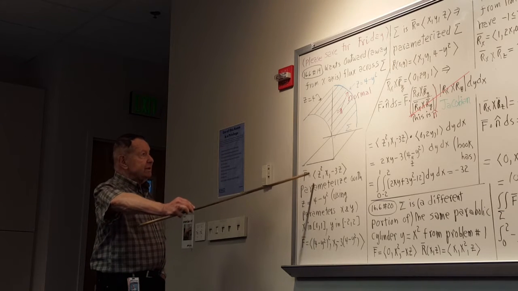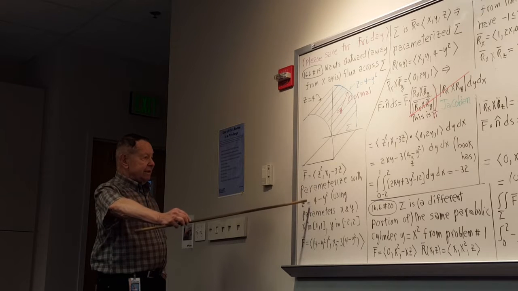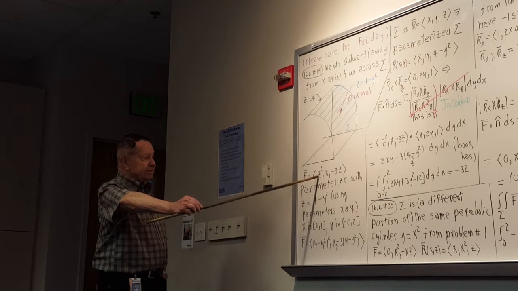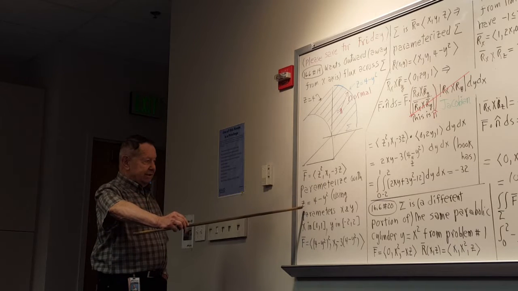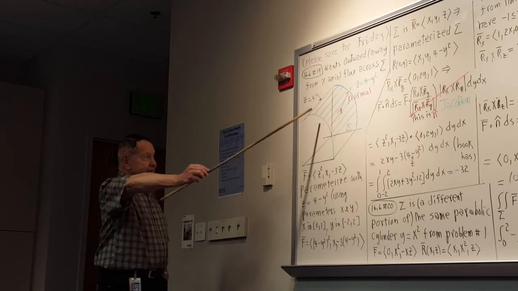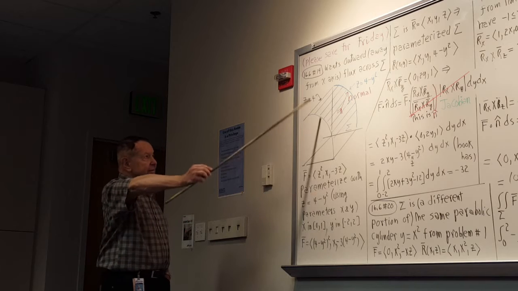So in this one, this is the field, and I'm making this a parameterized function by using the equation of the surface, which is given as z equals 4 minus y squared.